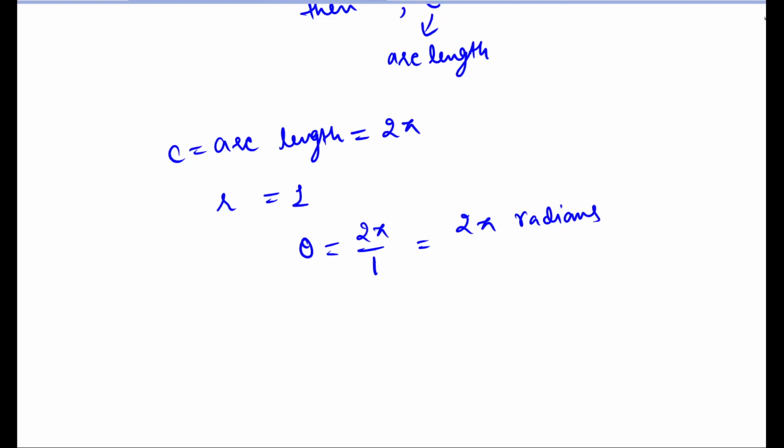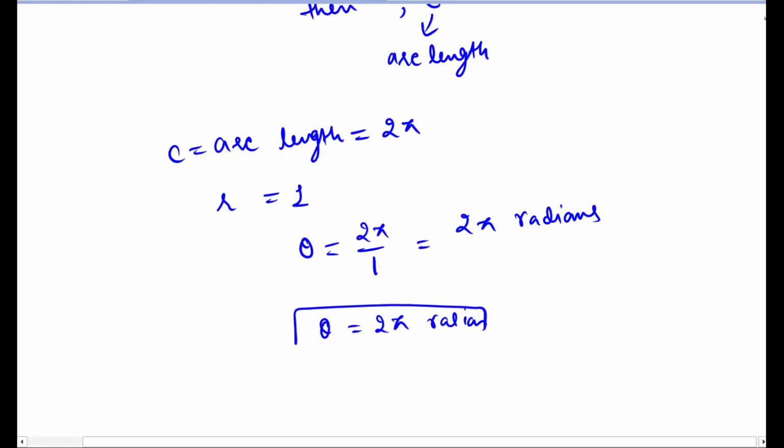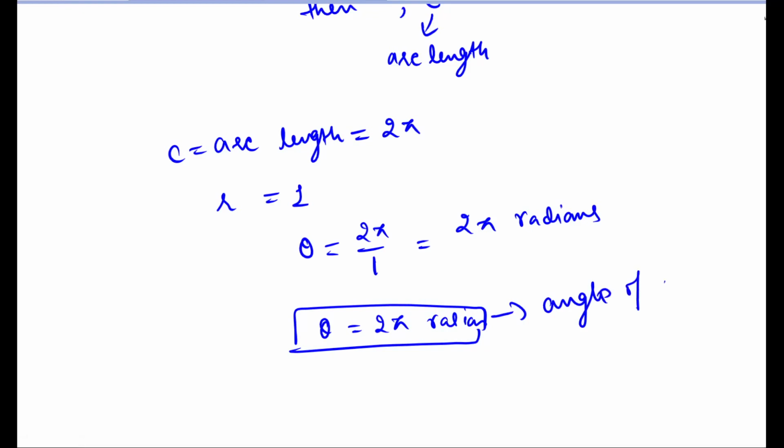So this is the angle of one complete revolution of a unit circle. Theta is equal to 2 pi radians, which is the angle of one complete revolution.